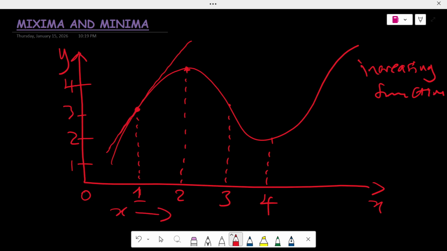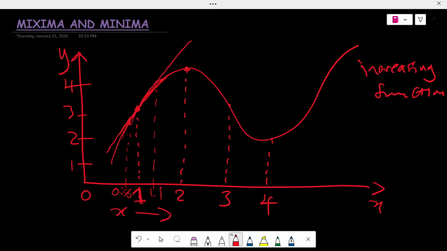So for example, at point 1, let's say we have 0.8 here and 1.1 here. If we move from 0.8 to 1.1, you realize that the values of y will have changed, and they will have increased, right? So as we move towards the greater values of x, the function is going up.